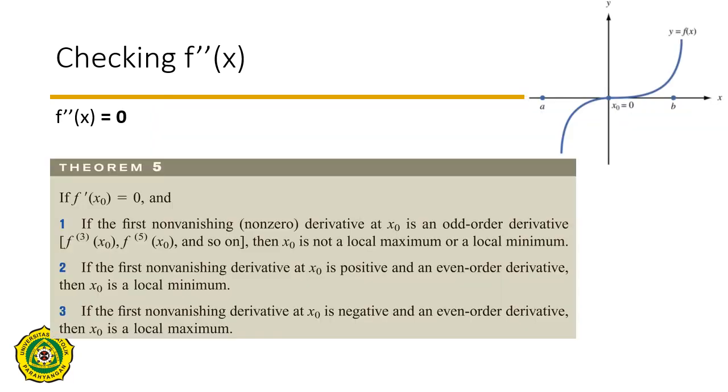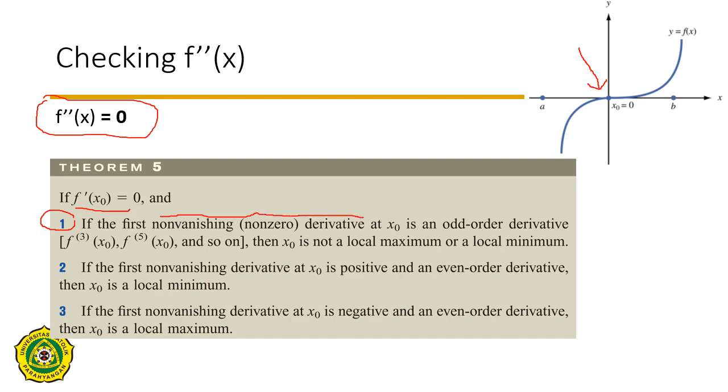So what if at one point the first derivative equals zero and the second derivative also equals zero? We can use the first point from theorem 5. First it says, if the first derivative equals zero, we then check the first non-vanishing, or non-zero, derivative at that point.